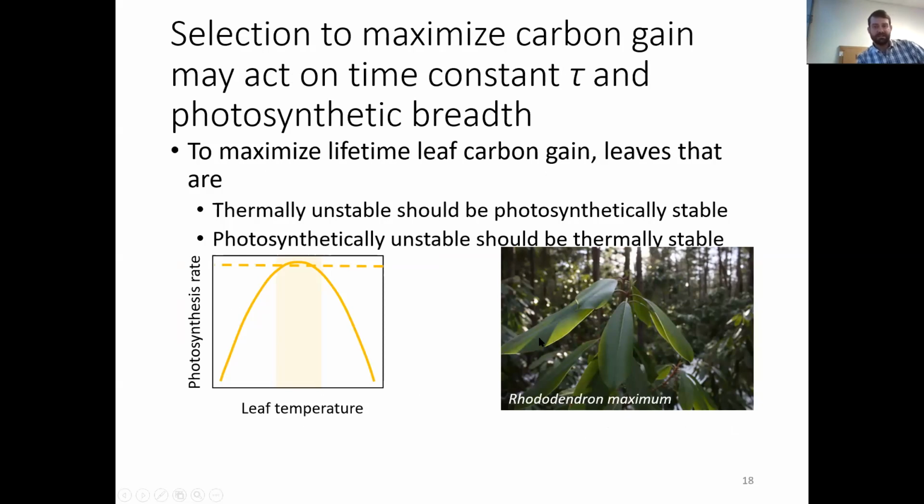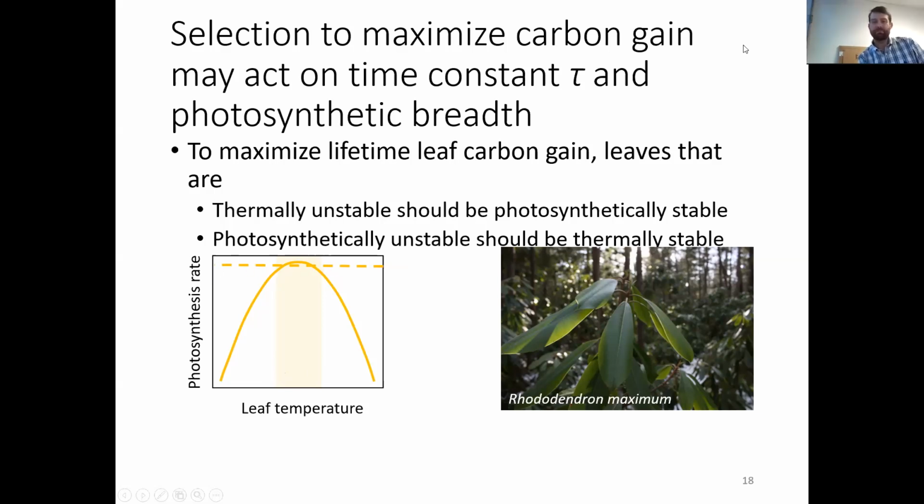And so let's consider rhododendron here. If we just imagine that it has this temperature response curve for photosynthesis, this orange solid line, and the range of temperature variation is given by this orange region here. If we then average photosynthesis through time, we would find the average rate of photosynthesis is this orange dashed line, okay?